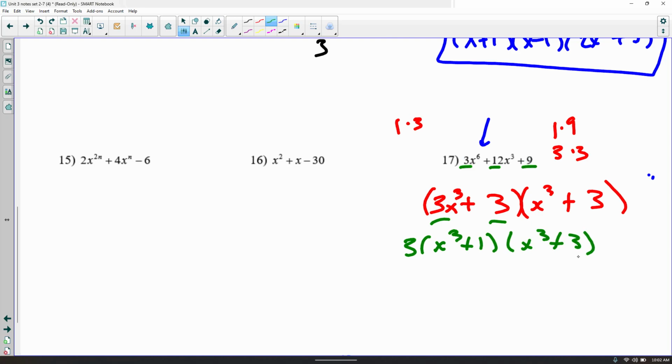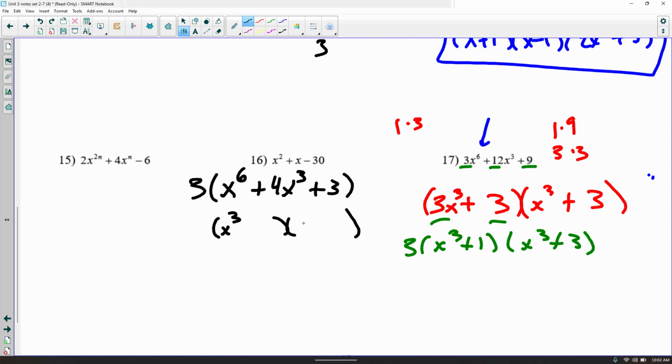I would have done this problem. I noticed there was a 3 right off the bat. I would have rewritten this problem as x to the 6 plus 4x cubed plus 3. And then when I factored this, I would have had x cubed plus 1 plus 3. This is where I would have been. But if you have to, you can have that happen. Okay?